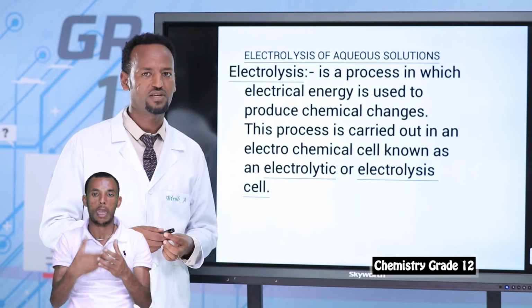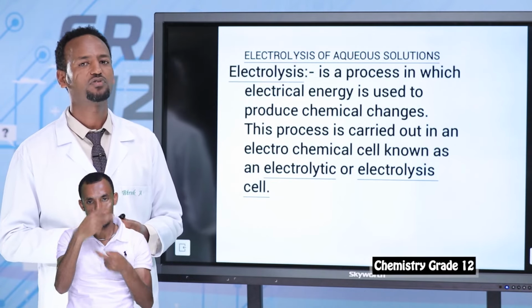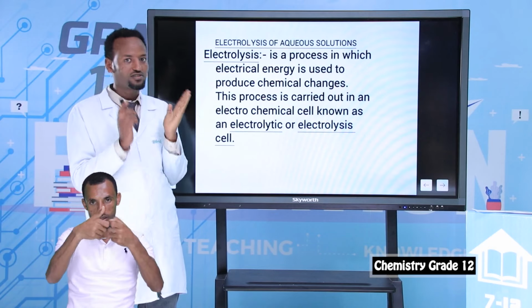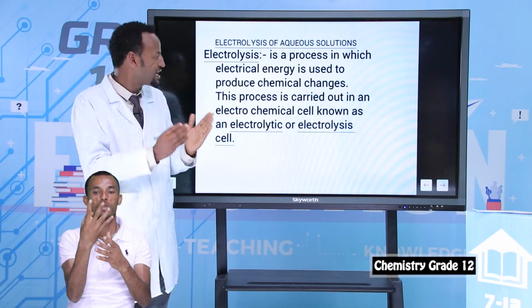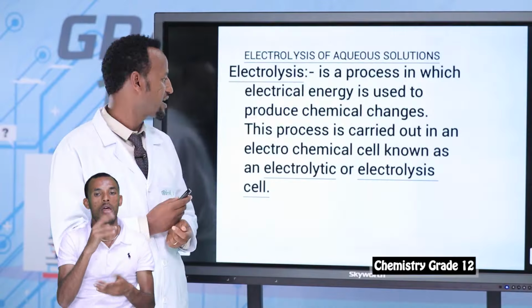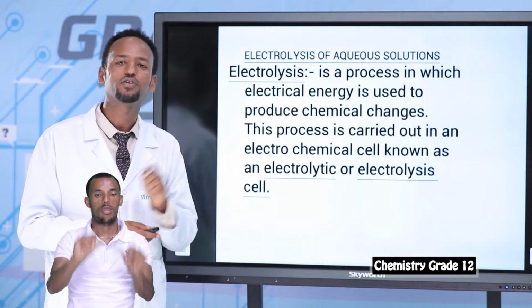Remember, in chapter 3, there are 2 types of process, spontaneous process and non-spontaneous process. This electrolysis is a process in which electrical energy is used to produce chemical changes. Is this process spontaneous or non-spontaneous?